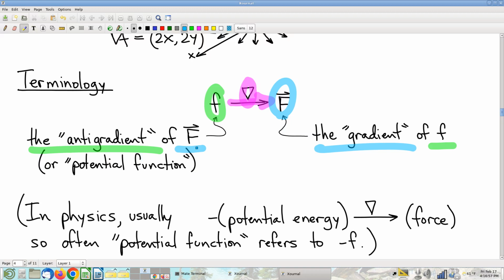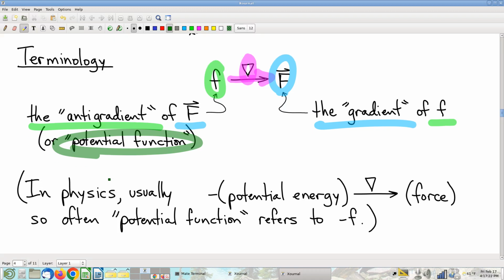Okay, this is my preferred terminology, but I have to admit that I'm outvoted on this. The far more common term for this anti-gradient is to call it the potential function, which doesn't seem to immediately explain itself. Right? Why would we call it the potential function? The reason is that there's a particular reality of physics in certain situations that you can have potential energies, and you take the gradient, and the gradient of potential energy is force.